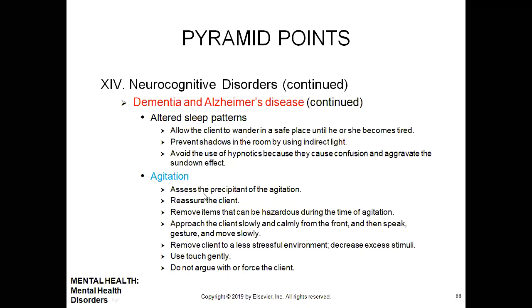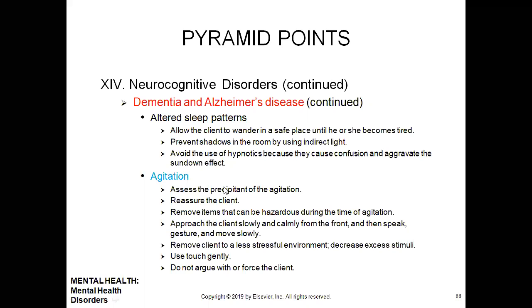For agitation, assess the precipitation of agitation, reassure the client, remove items that can be hazardous, approach the client slowly and calmly from the front, and then speak, gesture, and move slowly. Remove the client to a less stressful environment and use touch very gently, right? And do not argue with your patient.